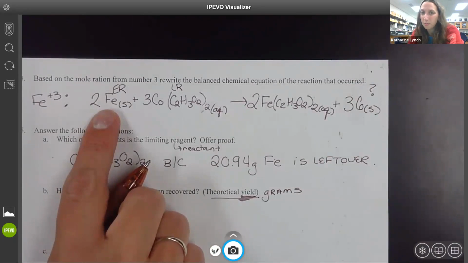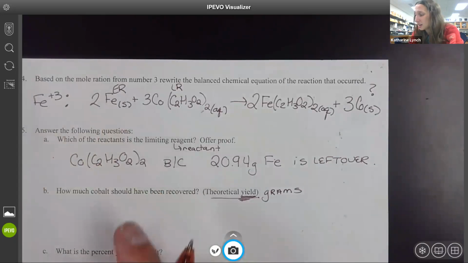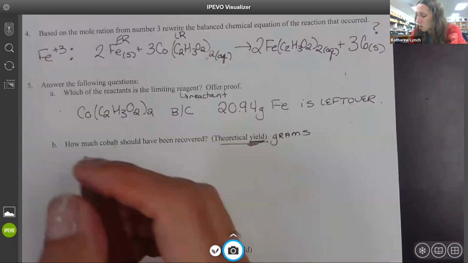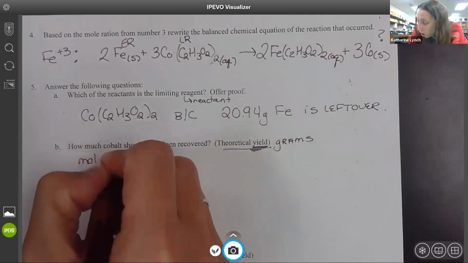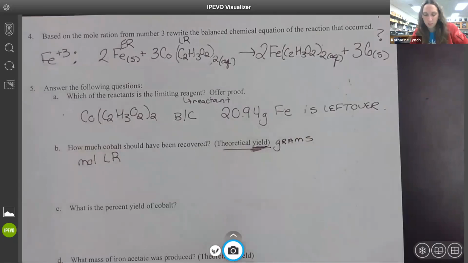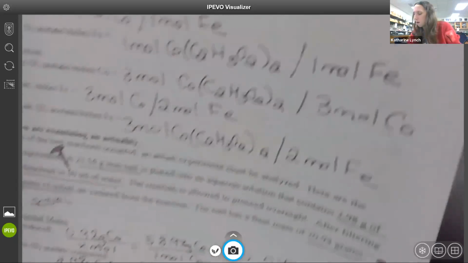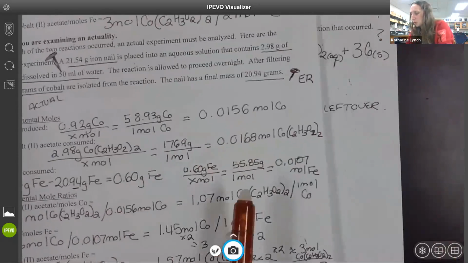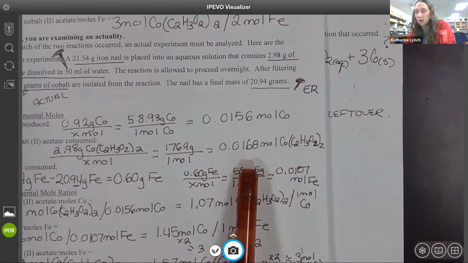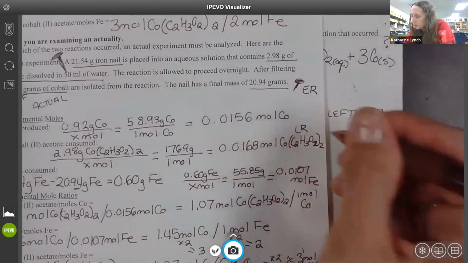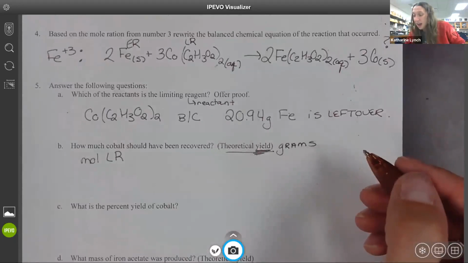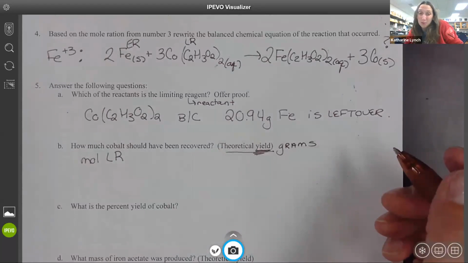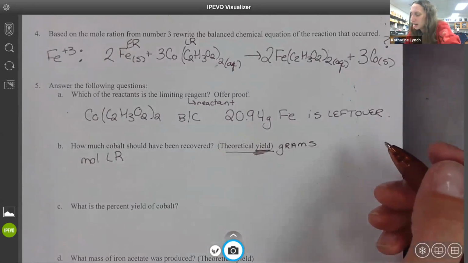When you do a problem and you know the limiting reactant, we're going to start with the moles of limiting reactant because it all gets used up. The reason I'm starting at moles is because I know the moles from the previous page. I know the moles of my limiting reactant, and I'm going to use that because I can skip the BCA table. I've already determined the limiting reactant.